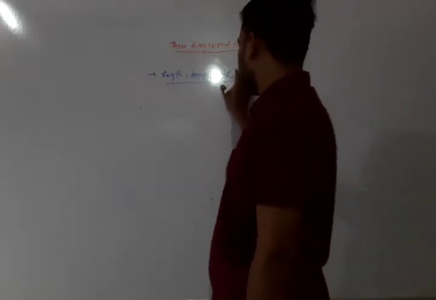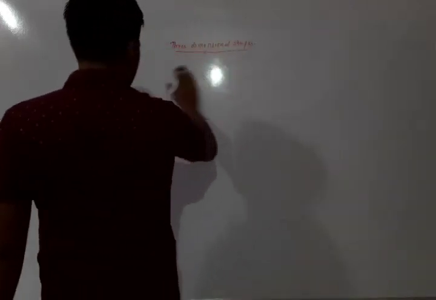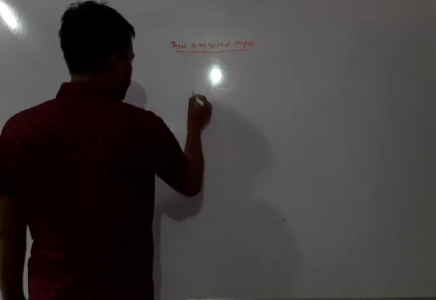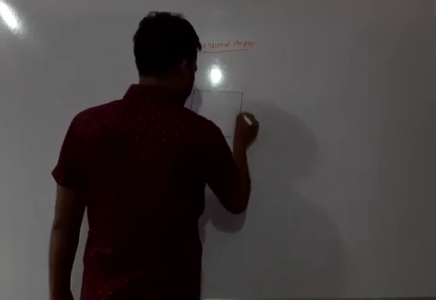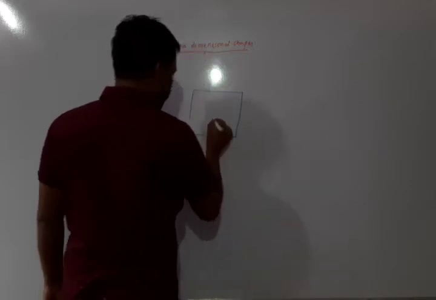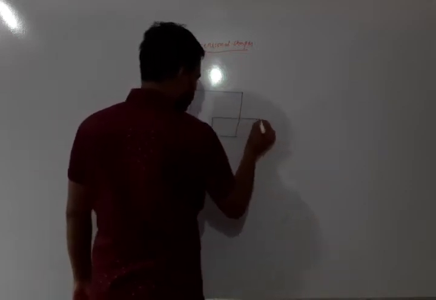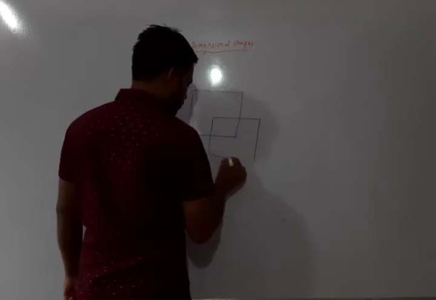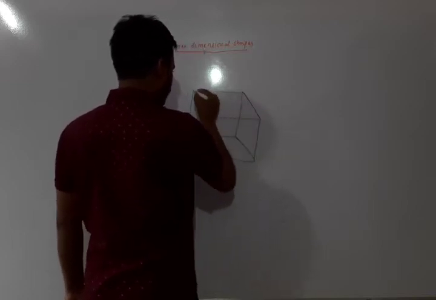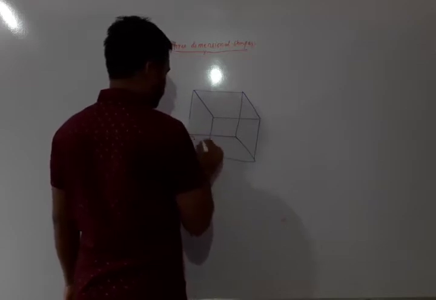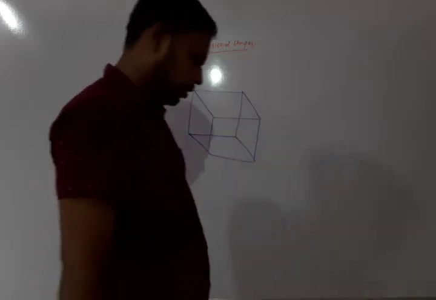Suppose the shape of your room is like a cube. What is the shape of your room? It is like a cube. Now, this will be a cube.